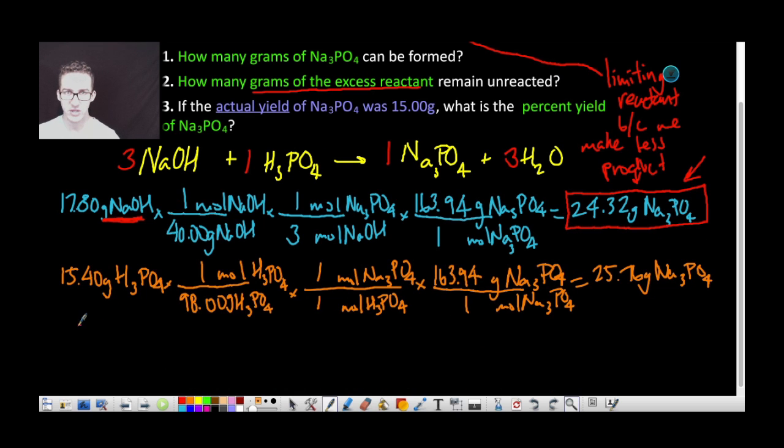Okay, so to solve question number 2 then, we're just going to take our limiting reactant, the 17.80 grams of sodium hydroxide, and determine how much of the excess reactant we used.